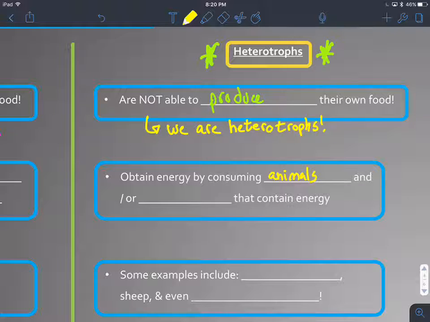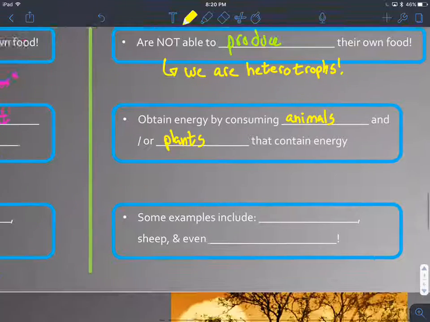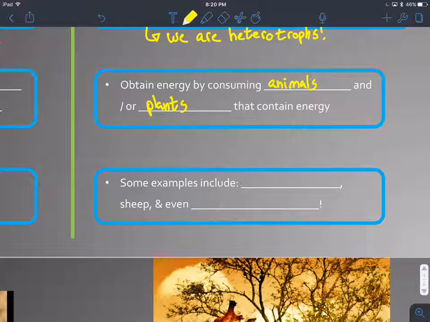Right? You think you eat bacon for breakfast, pigs, cattle, and or plants such as broccoli or potatoes that already contain energy. All right? Some examples include bears that eat meat, sheep, and even something like vultures.